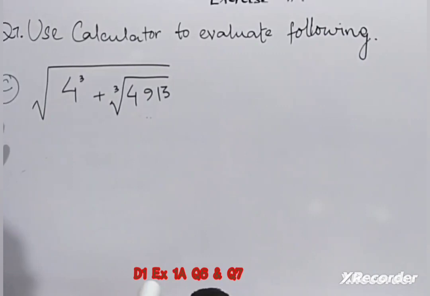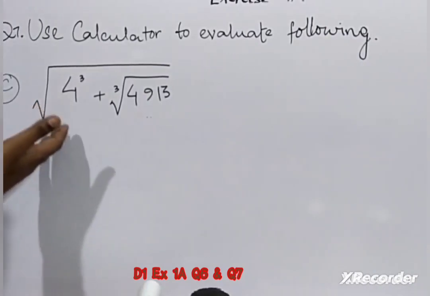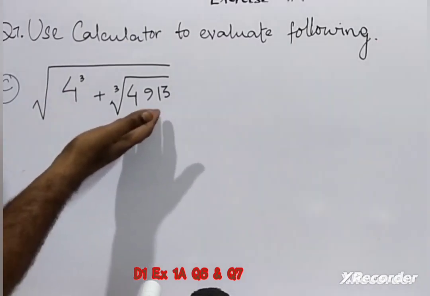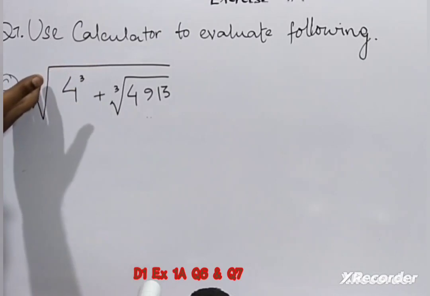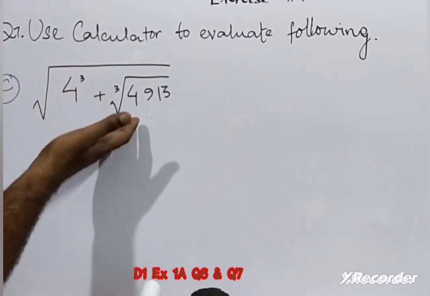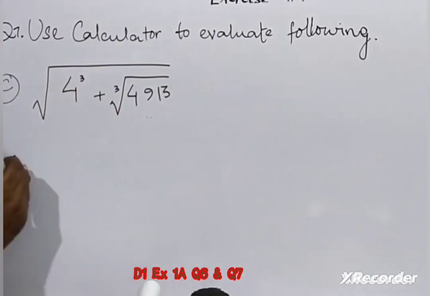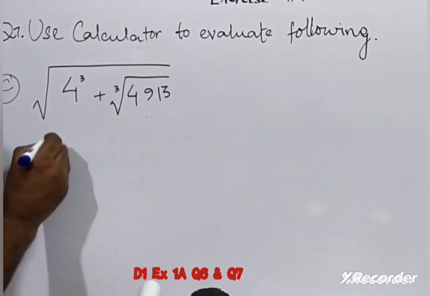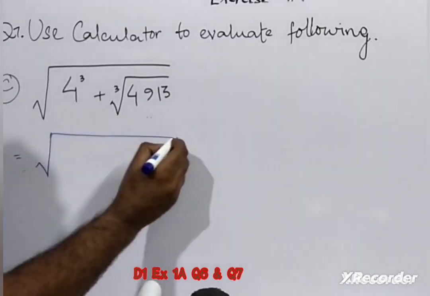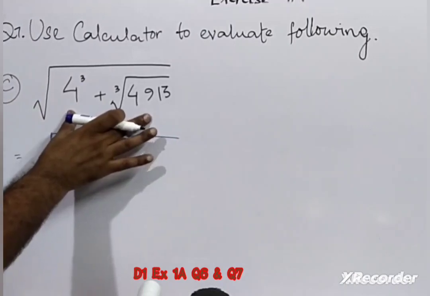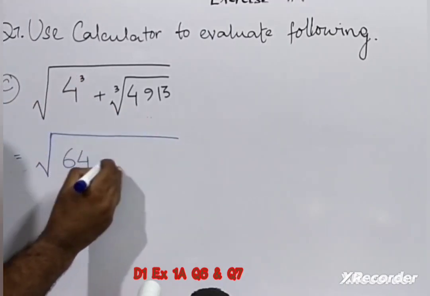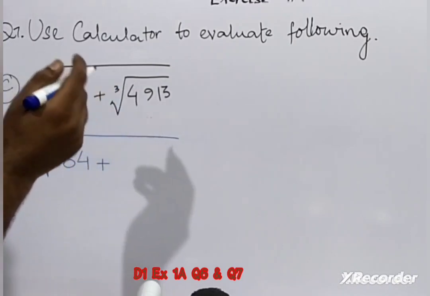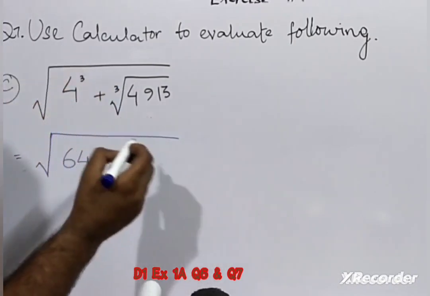Now moving forward to part C, that is the square root of 4 cubed plus the cube root of 4913. So we can see that there are two roots, one is a square root and one is a cube root. So how can we solve it? Like this, we keep the square root and solve first inside the square root, that is 4 cubed is 64 plus the cube root of 4913 is 17.